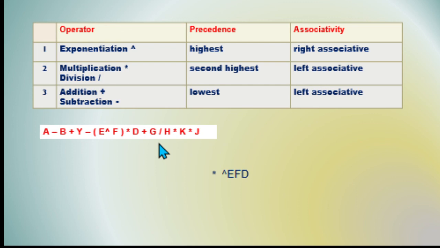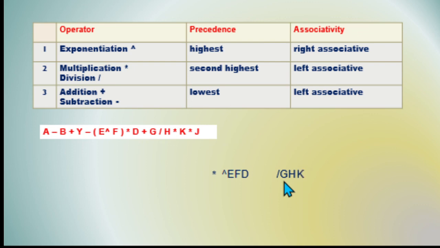And then the next one is this division operator. We divide G divided by H, convert it into prefix. It's equivalent to / G H. This is also one operand. And then the next is this multiplication operator. So we multiply this operand and this one, and convert it into prefix.